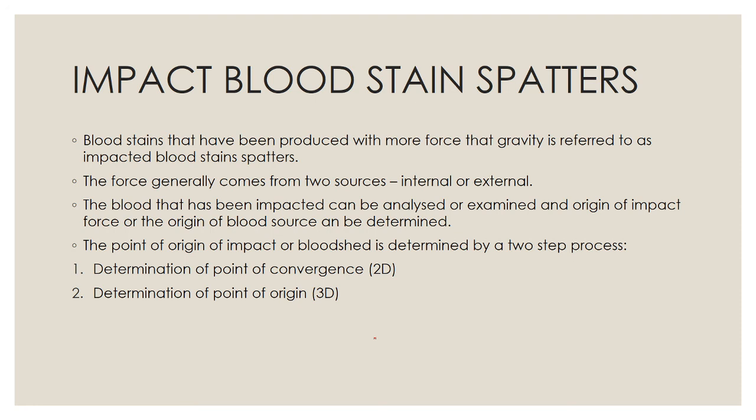So these are the basic things of impact blood stain spatters. Mainly it is formed because of the external or internal force that we are applying, the energy we are giving. As I said earlier, if you are using a hammer, because of the force of that hammer, these impact blood stain patterns will come.